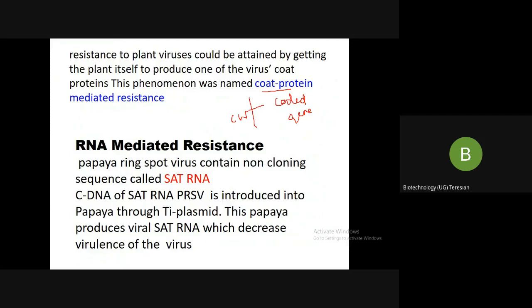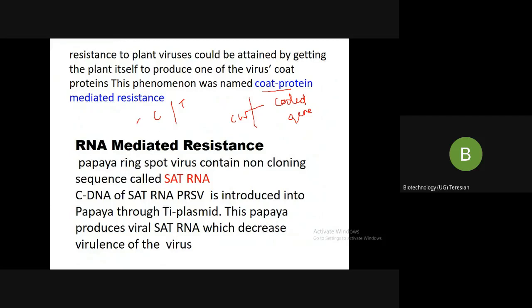So now they want to check, really, did the transformed plant have the capacity to withstand the virus. So they did an experiment. They chose the control plant and the transgenic plant, which now has the gene for the coat protein.